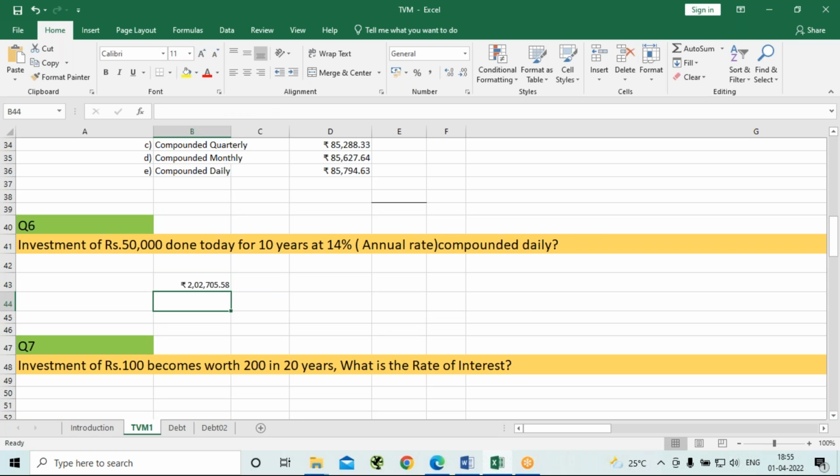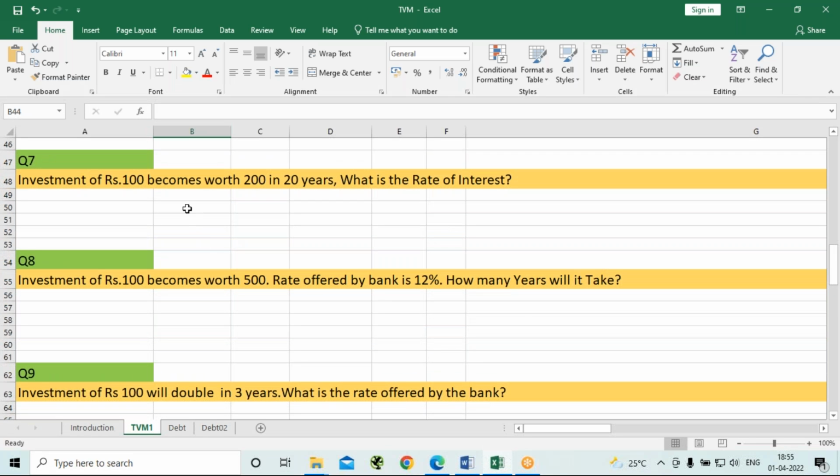So this is the amount we can expect after the maturity of 10 years at the 14% rate. Okay. So now there are certain things on which we may not have certain information. Till now we were doing the calculation when we had a rate, n per, and the PV or FV.